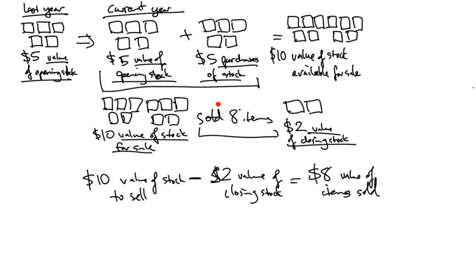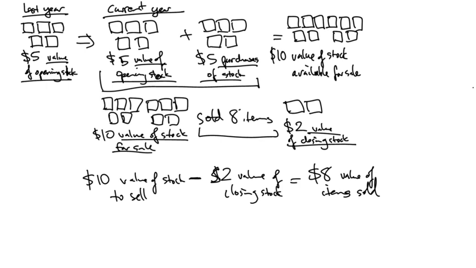Now he sold 8 items and ended the year with $2 worth of closing stock. So the cost of those items that he sold cost him $8. So it cost him $8 to sell this stuff. He might be making a profit, we don't know the details. All we're interested in is knowing that it cost him $8 to actually sell those items.